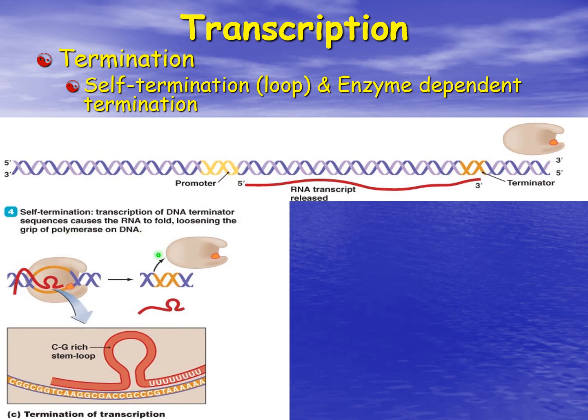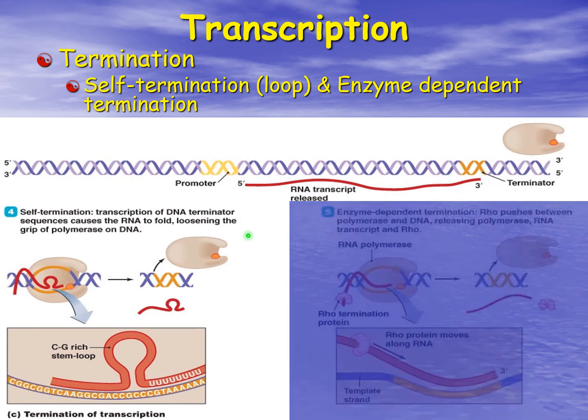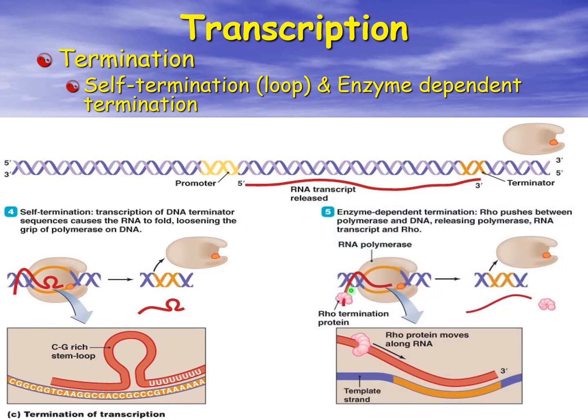Self-termination or loop termination is where we wind up in an area with a lot of CGs, and literally the messenger RNA loops on itself, forming a loop, and that's what will kick the RNA polymerase off of the DNA. Or, in some cases, certain genes actually will carry along with them an enzyme that when we reach the terminator will separate the RNA polymerase from the DNA strand, and the DNA strand then will just zip back up.